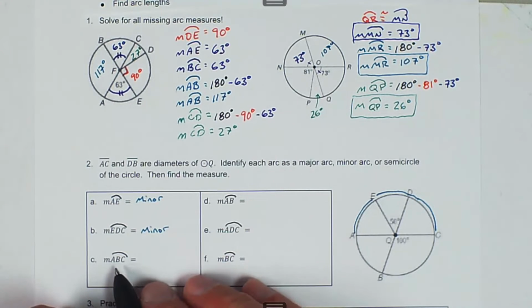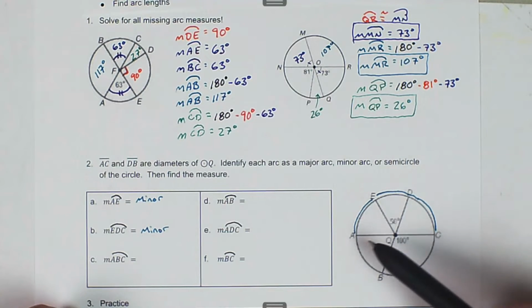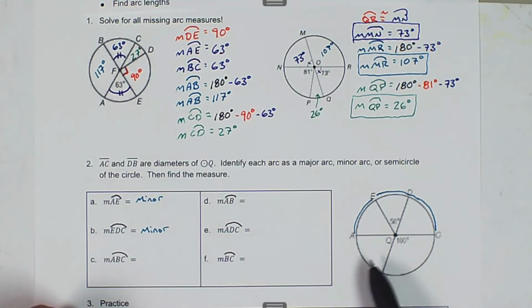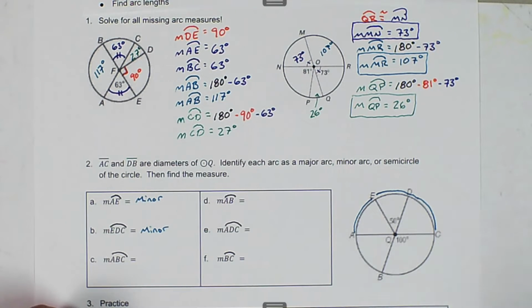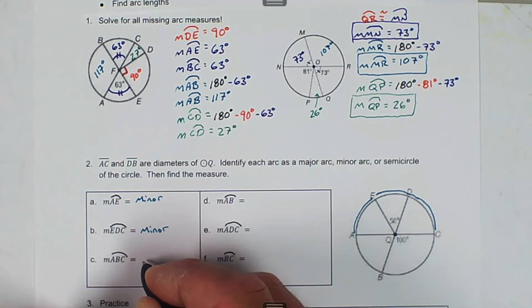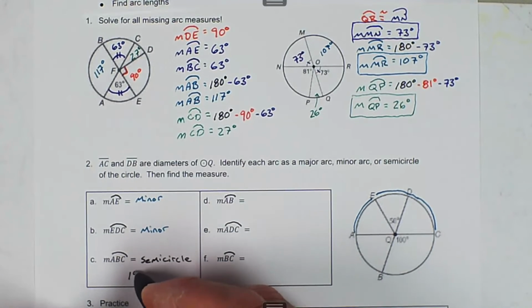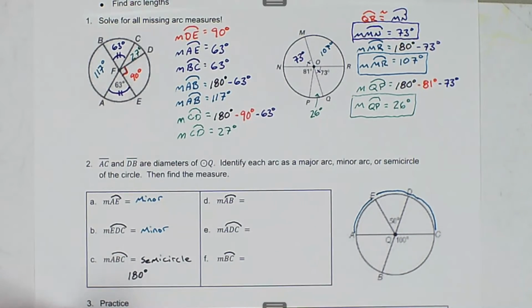So next we're talking about the measure of arc ABC. We already said AC was a diameter, so ABC has to be a semicircle. So because it's a semicircle, we automatically know that the measure of that arc is 180 degrees.